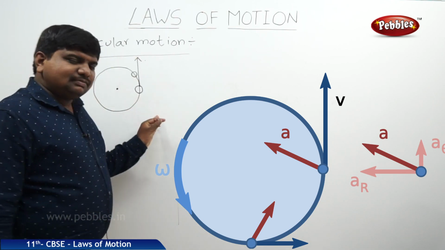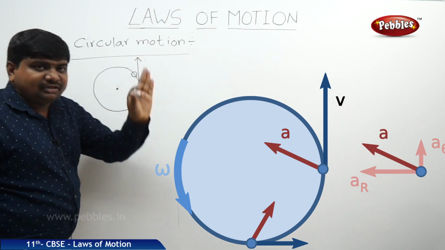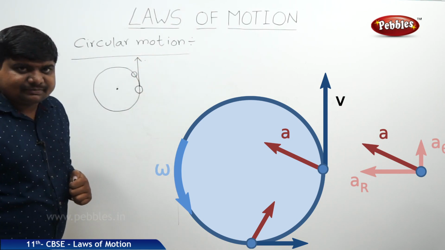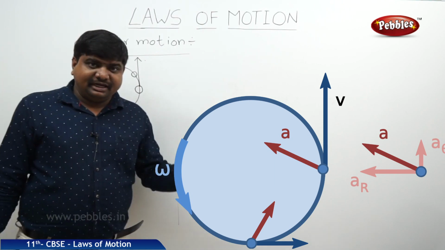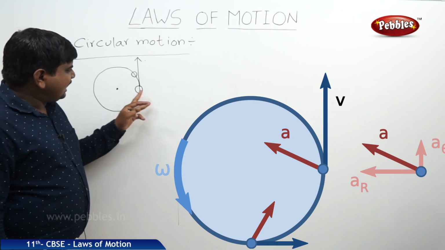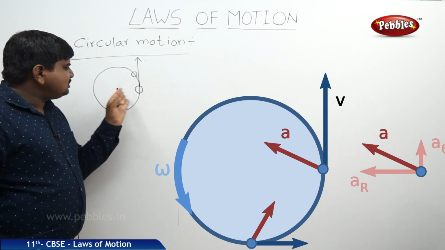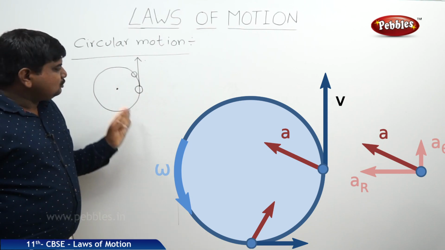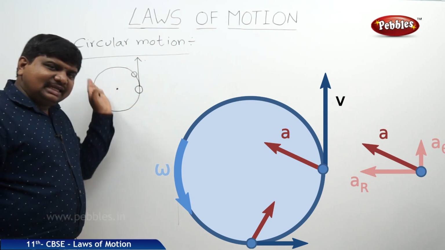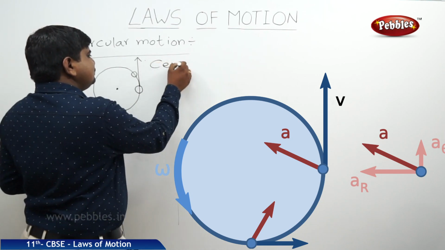If the body were moving in a straight line, the body in the circular path should come out of the path at regular time intervals. But this does not happen at all. So we understand there is a force acting on the body to keep it in the circular path towards its center. The force required to keep the body rotating in a circular path is called centripetal force.